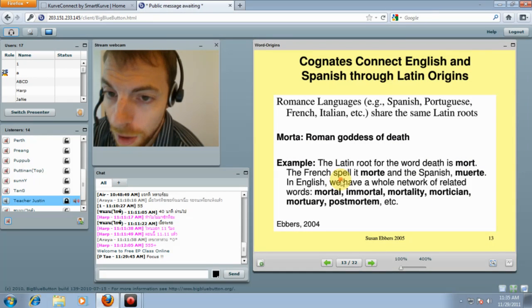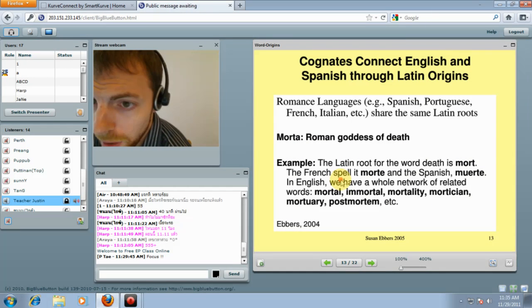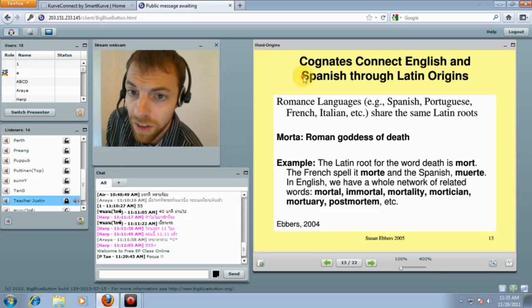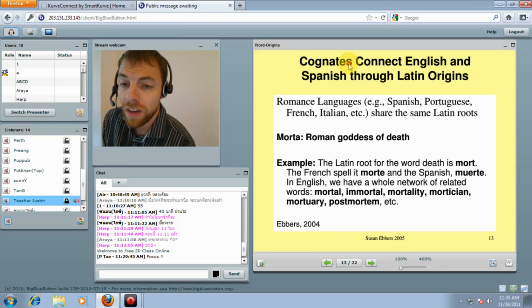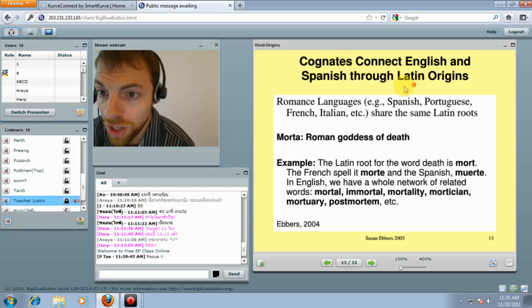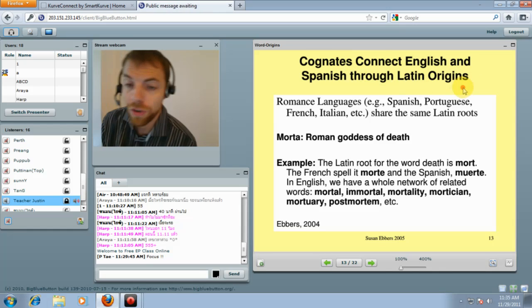Okay, so here we have some cognates. The word cognate is a word that has the same meaning in many different languages, between English and Spanish through Latin origins.